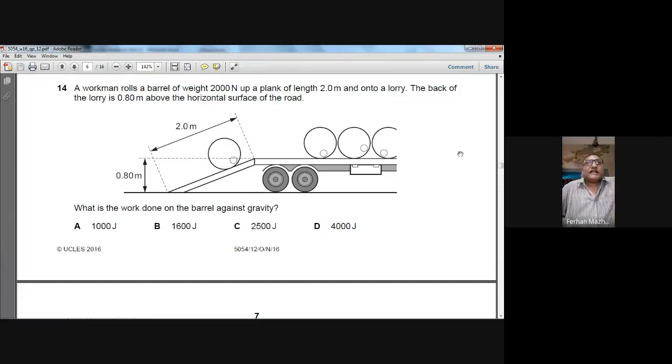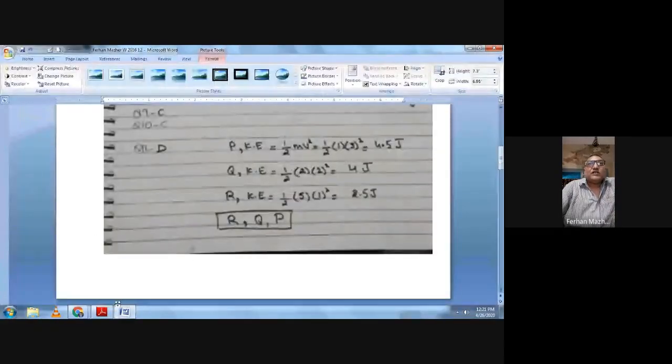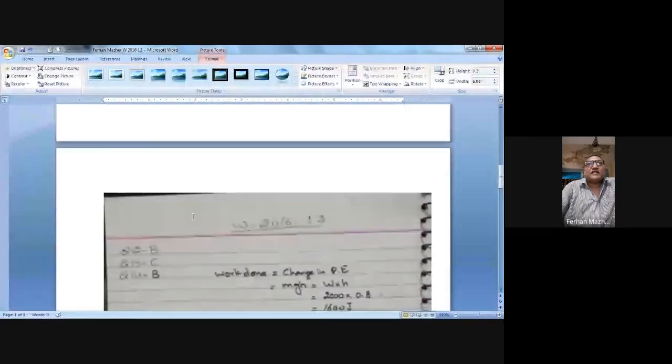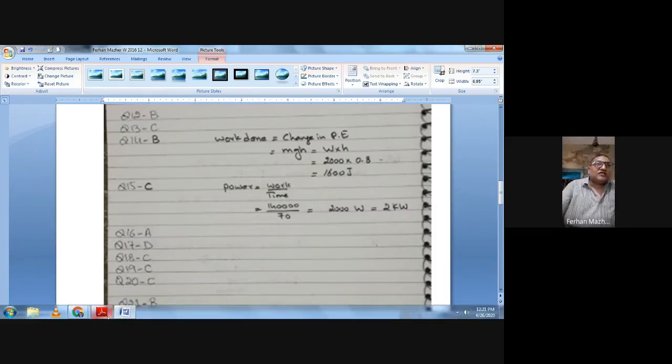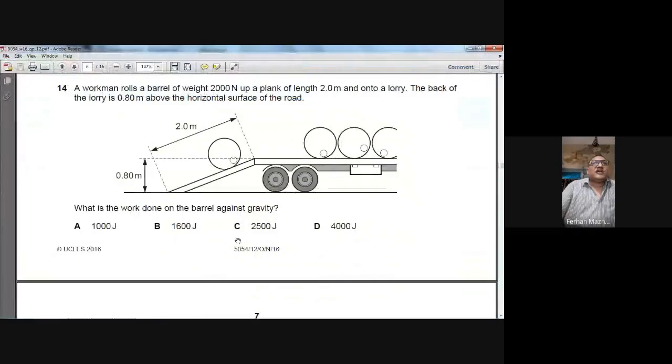So apply the formula, and you will be able to calculate the work done. Right now on your screen, you can see this work done equals change in the potential energy equals mgh equals weight into height equals 2000 multiplied by 0.8 equals 1600 joules. So B is the choice, 1600 joules.